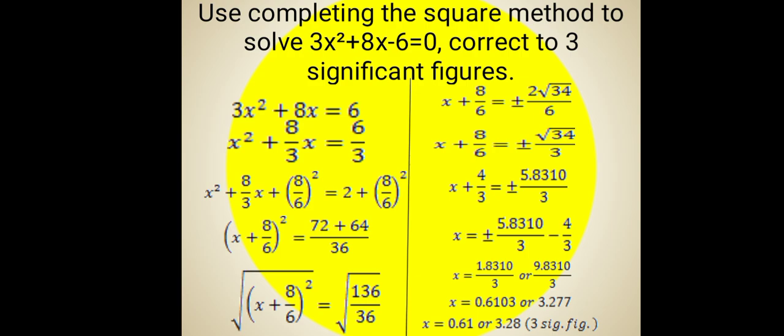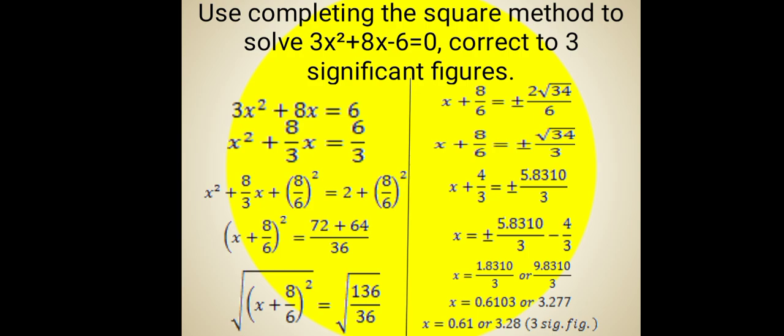After doing that, we add a half of 8 over 3 squared across on both sides of the equation.